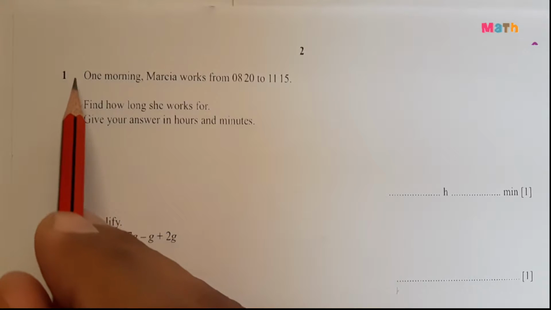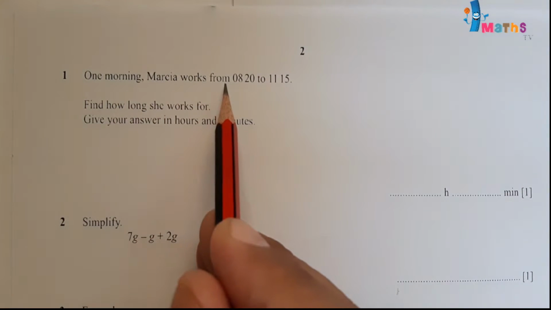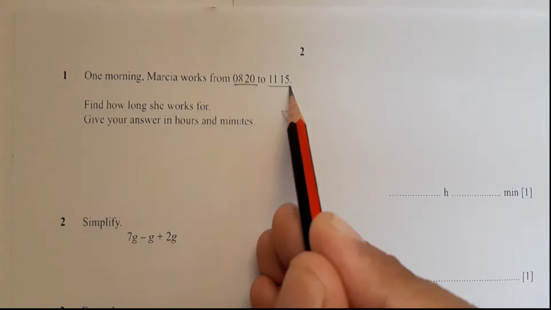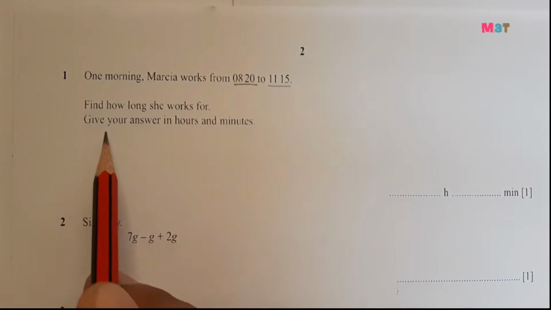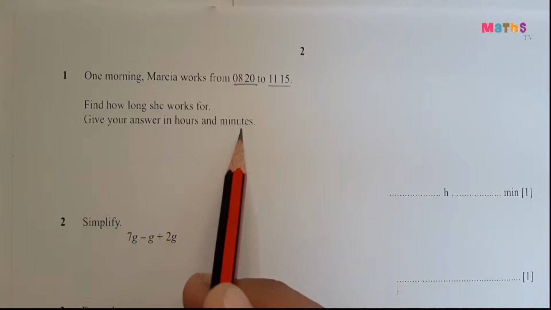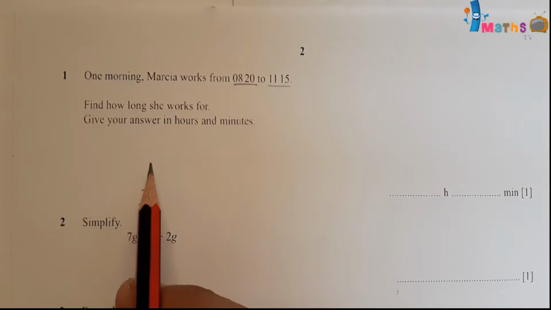Question number 1. One morning, Marcia works from 8:20 to 11:15. Find how long she works for. Give your answer in hours and minutes. We'll solve this question easily by calculator.